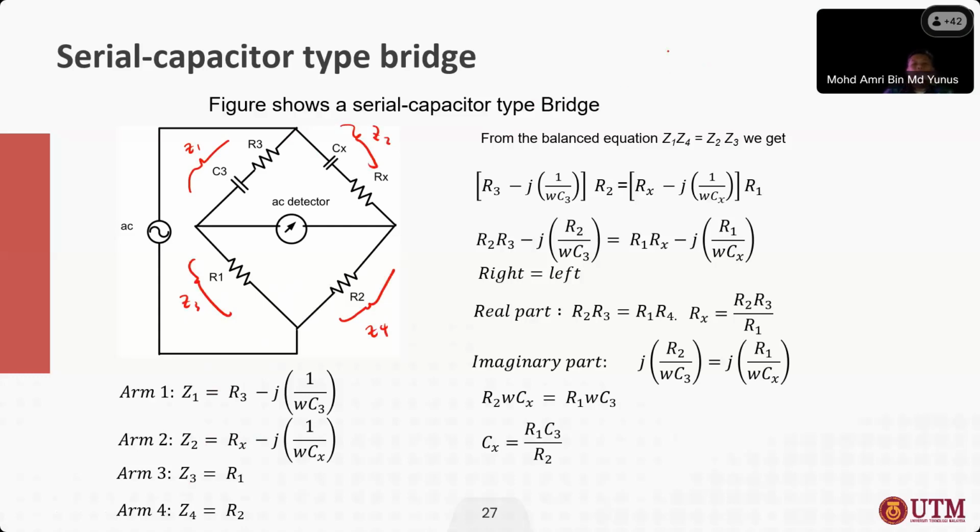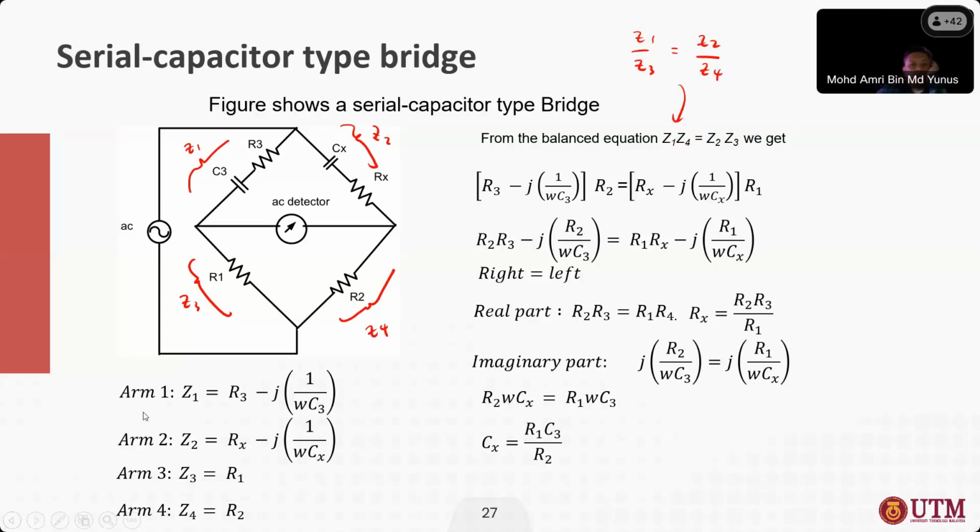So we know that if this is in balance, we can write Z1 over Z3 equivalent to Z2 over Z4. Or we can write Z1 multiplied with Z4 equivalent to Z2 multiplied with Z3.